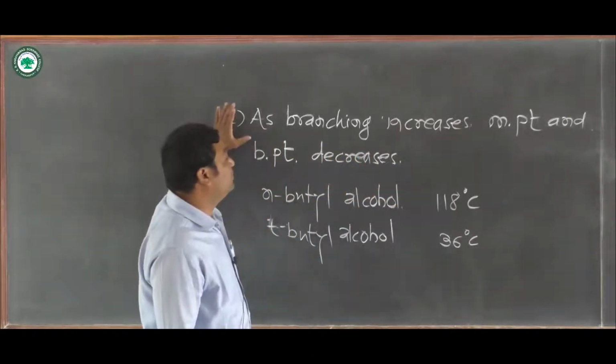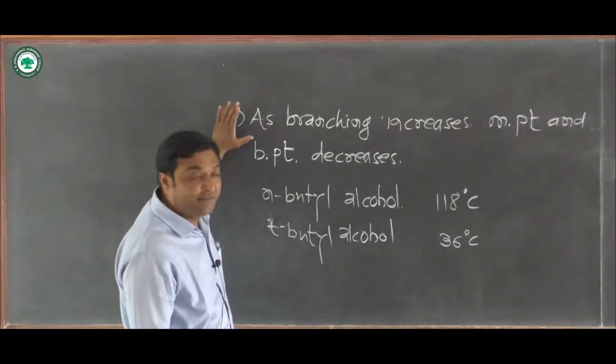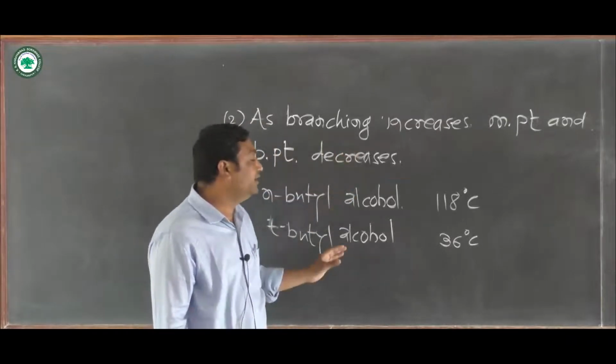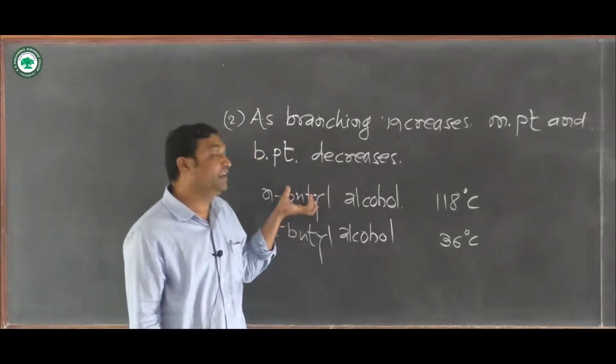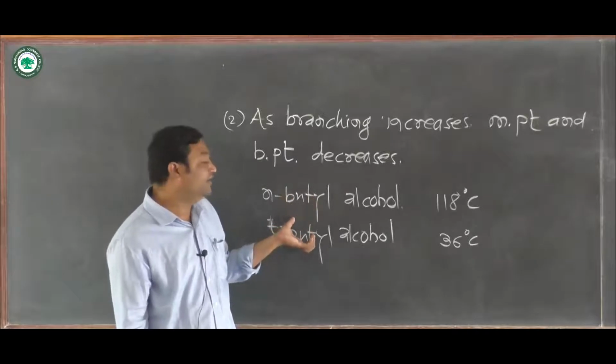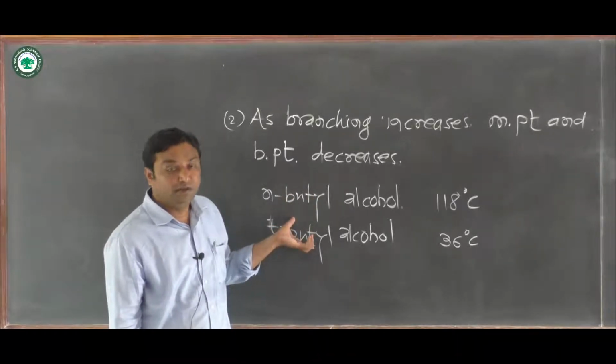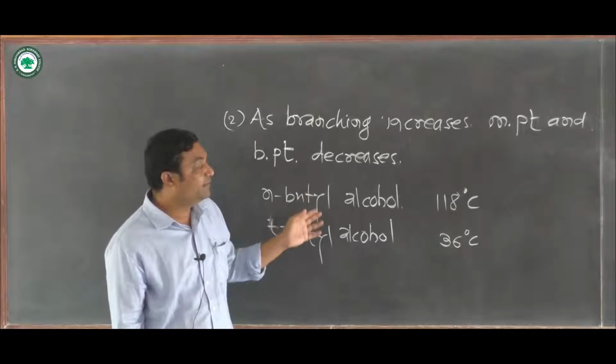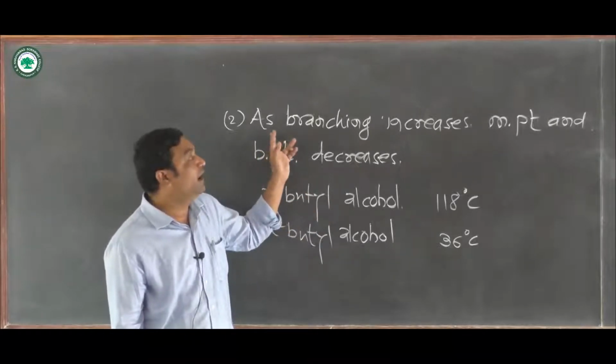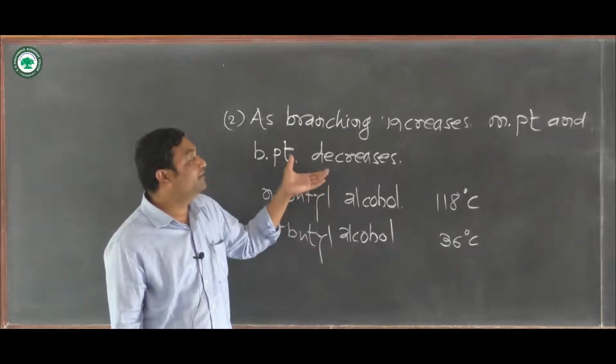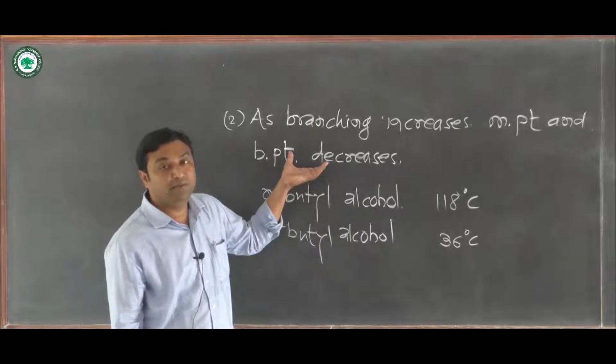We know that this is the straight chain compound, whereas this is the branched compound. So in this way we explain why, as branching increases, boiling or melting point decreases.